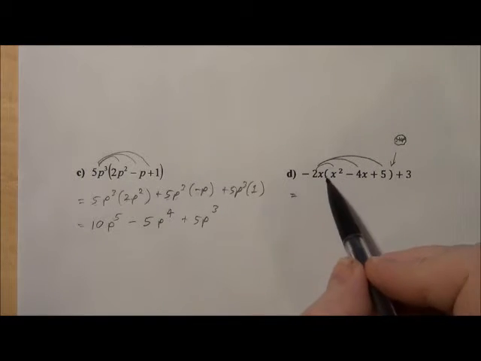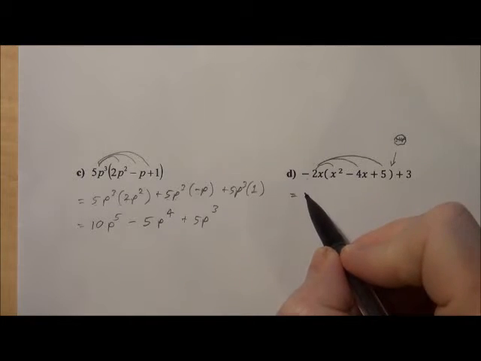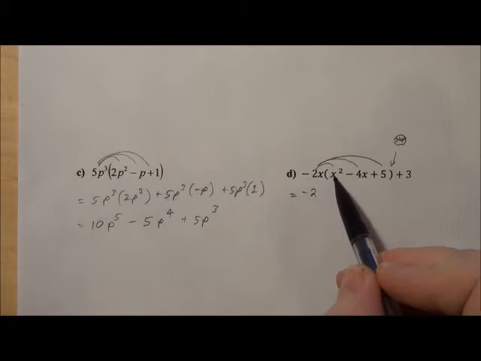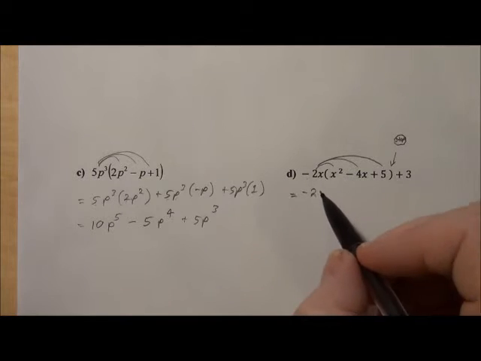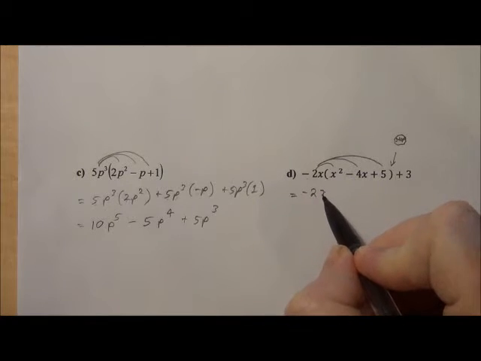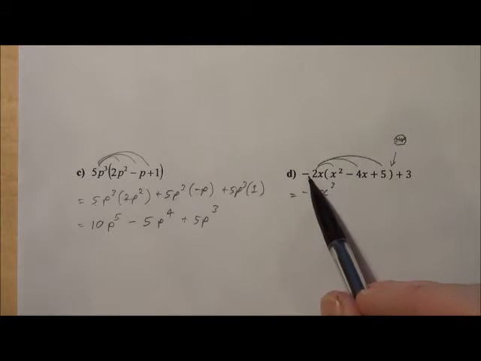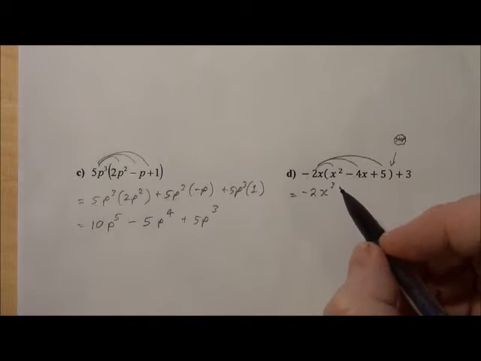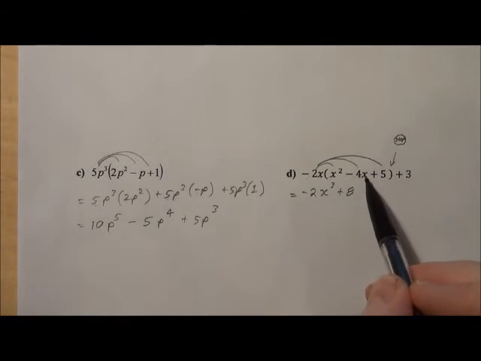And then now we just expand in, we multiply coefficient times coefficient. Negative 2 times 1 is negative 2. Then x times x squared, that's x to the power 1 times x squared. We add the exponents, leave the base the same, x cubed. Then we do negative 2 times negative 4. Two negatives multiplied together give you a positive. x times x.